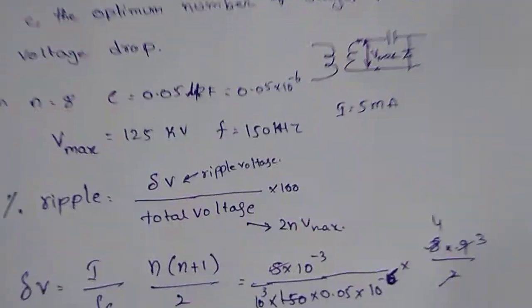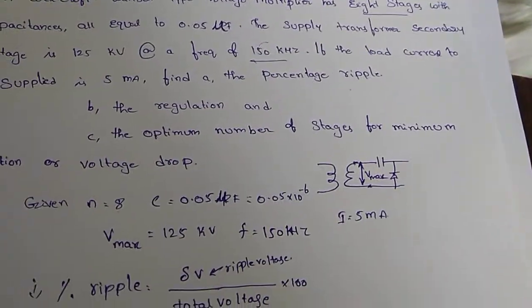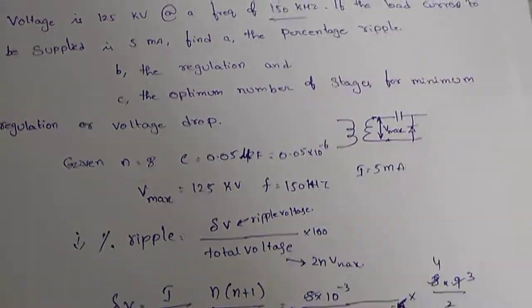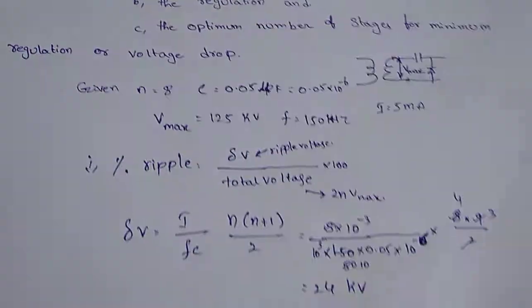Now the last one is the optimum number of stages for minimum voltage drop.